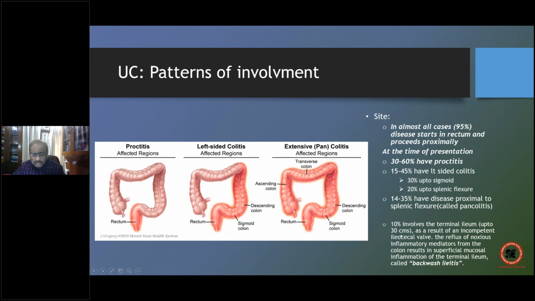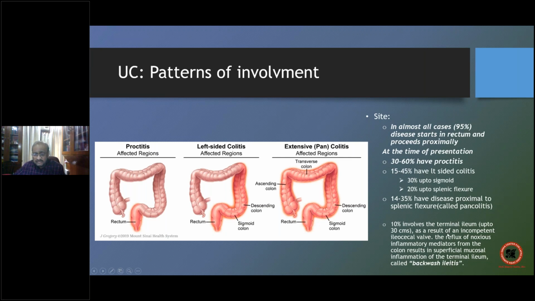Now, 10% of patients would be having what is known as a backwash ileitis. Now, what is the backwash ileitis? Backwash ileitis is basically ileitis involving 30 centimeters of ileum, which is somewhere here. There's the ileum, see, terminal part of the ileum. Now, in an incompetent ileocecal valve, there is a migration or a back push of the colonic bacteria into the ileum, soiling the ileum with the colonic bacteria, which should not be there.